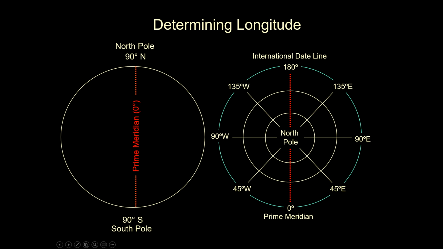Also notice that we have 180 degrees of east longitude, or half a circle, and 180 degrees of west longitude, and that east and west are designated by an E or a W. Whenever you represent longitude, you have to add the E or the W, unless you're talking about the prime meridian, which is 0 degrees, or this other line directly opposite from the prime meridian called the international dateline. That doesn't get an E or a W. It's just 180 degrees. Okay, so I think you get some idea of how we represent longitude.